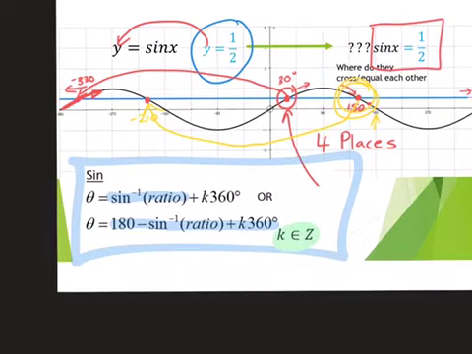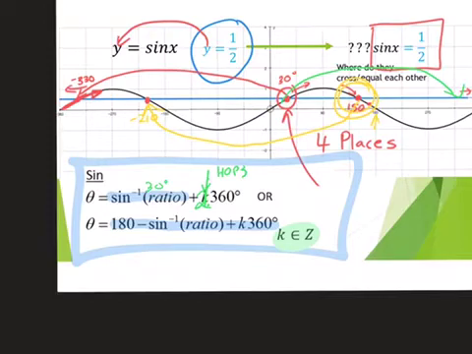K is representing how many hops we're taking. So if I have 30 degrees and I hop one lot of 360, that's where I was hopping to get my next upslope. If I'm going to go 2 lots of 360, it means I'm hopping once and then twice to get to my next uphill. And then, so you could take 30 plus 2 lots of 360, which is 720.